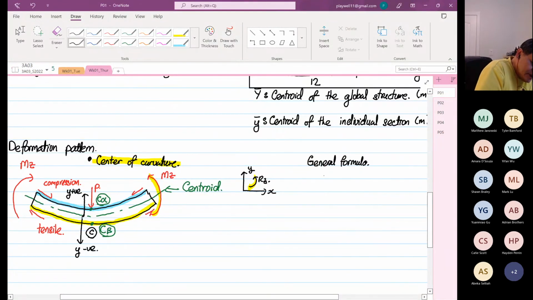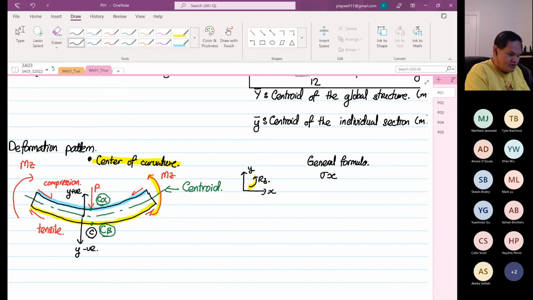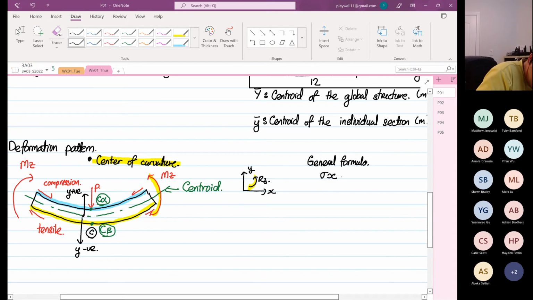Where it states that stress X, okay, so normal stress, and later on I'll explain to you what we mean by normal stress in the X direction. This will be equal to minus Mz over Izz multiplied by y. Okay, so I want to focus on point C alpha.